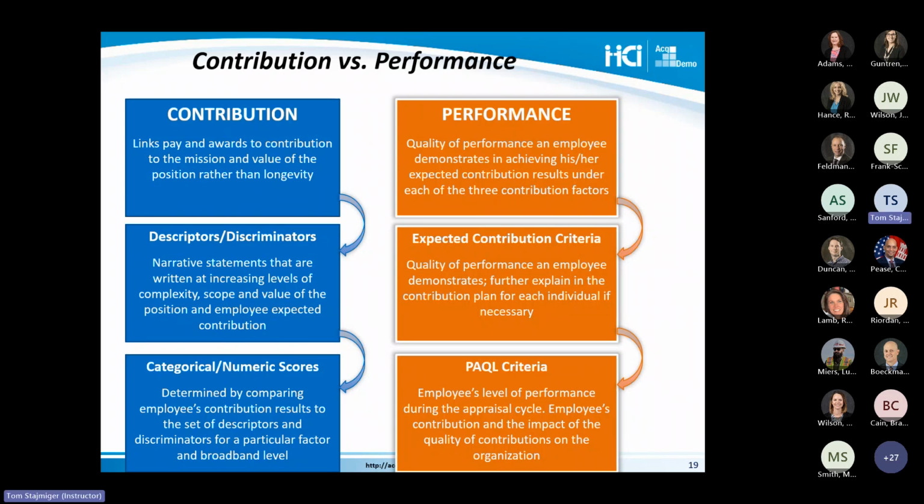We have to get in our mind what would make a 1 versus a 3 versus a 5. A 1 will be easy and rare. Thankfully, that would mean somebody's doing a horrifically bad job and you are considering terminating them. That's not going to happen very often.